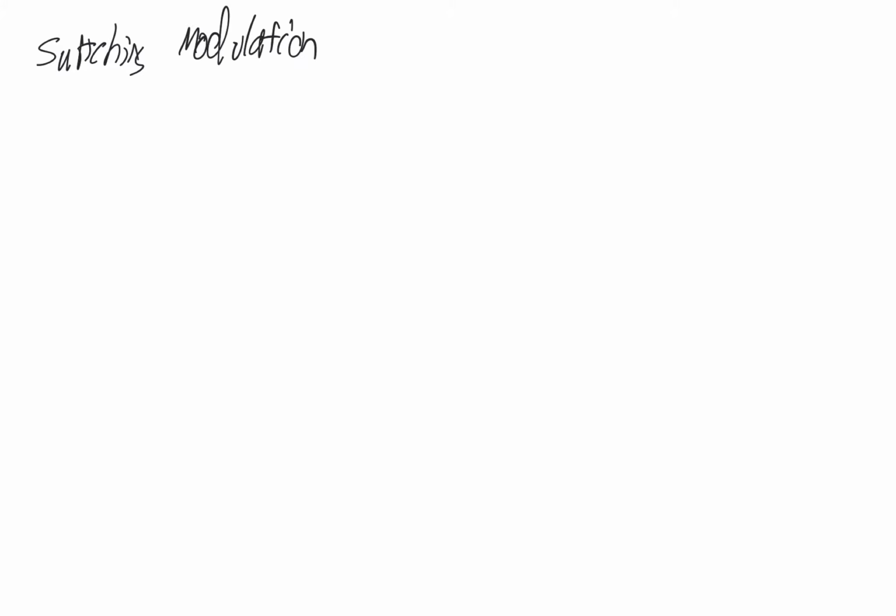The circuit to implement this is very simple, because all we do is take a modulating signal, x_m of t, which is a wave that alternates between 0 and 1 volts. Here I'm showing it as a 50% duty cycle square wave, and it has a frequency that we run at.